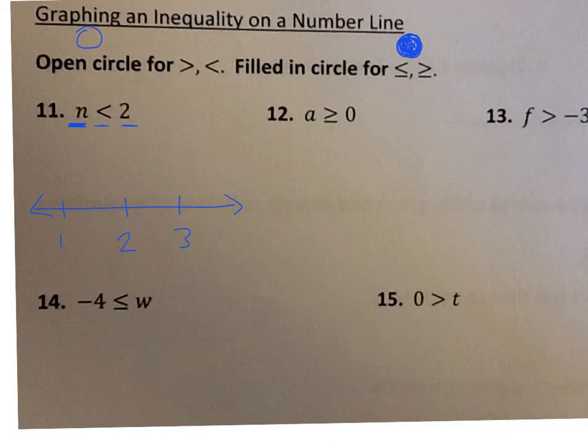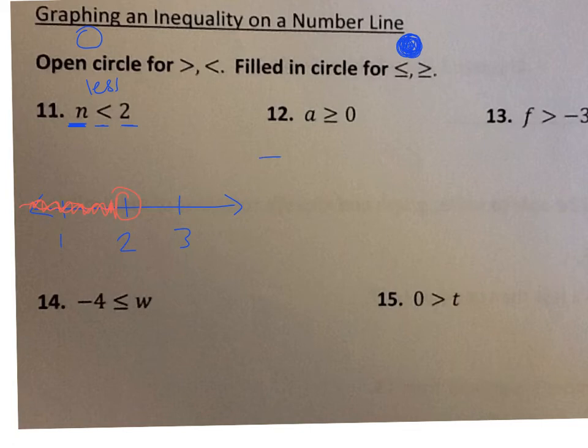And since I said less than, we're going to shade to the left. So at 2, since it's just less than, we're going to have an open circle, and less than goes to the left. So any values that are less than 2 are in the shaded region of our graph. So 1, 0, -1, and so on.